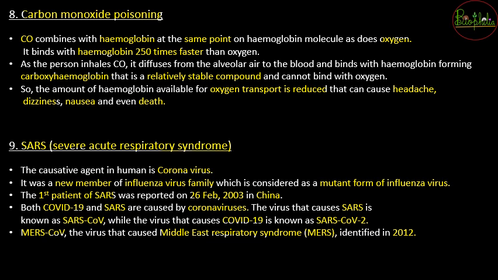So जो corona virus family है, that is going to cause three major diseases known till now, that is SARS, COVID-19 and MERS. So these are the three diseases which are going to be caused because of viruses belonging to the coronavirus family, right? So this brings us to the end of this chapter, breathing and exchange of gases.